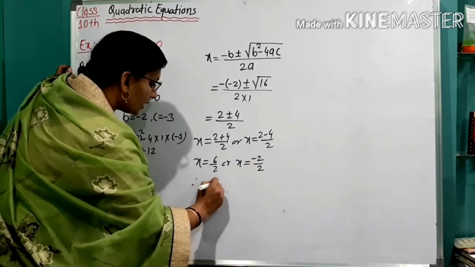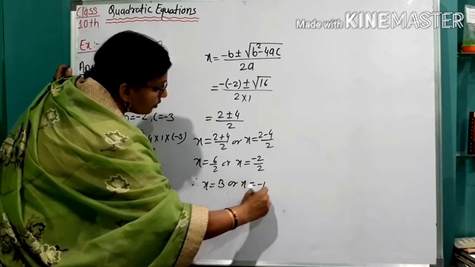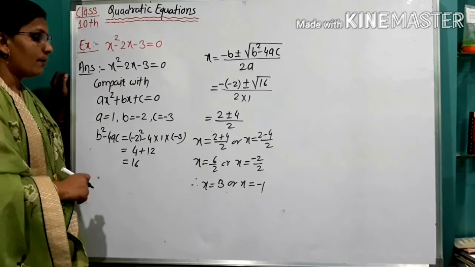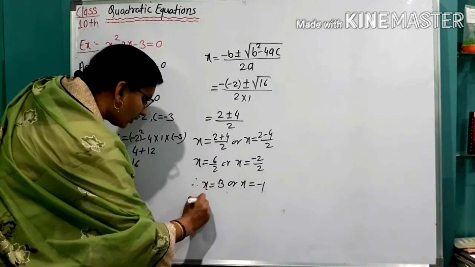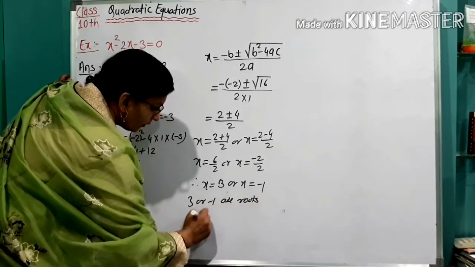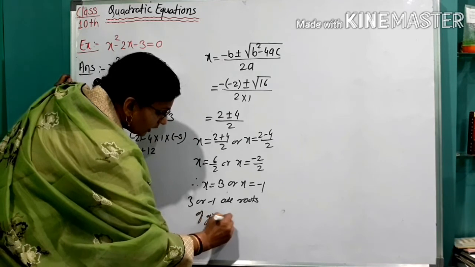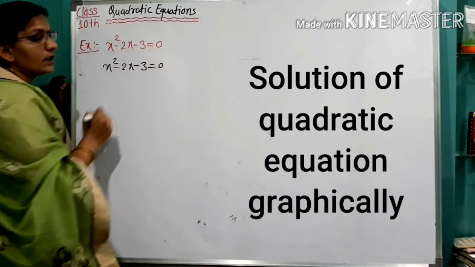Therefore x equals 3 or x equals minus 1. Therefore 3 and minus 1 are the roots of the given equation x square minus 2x minus 3 equal to 0.